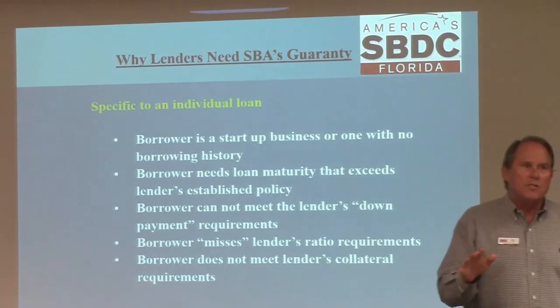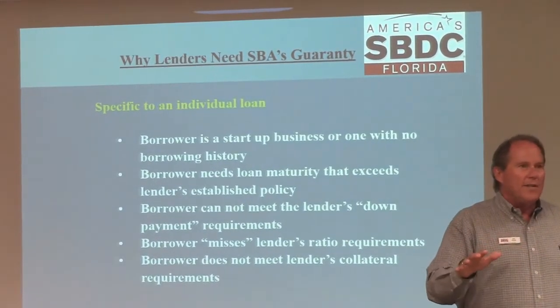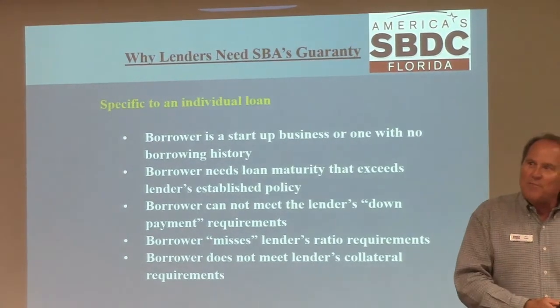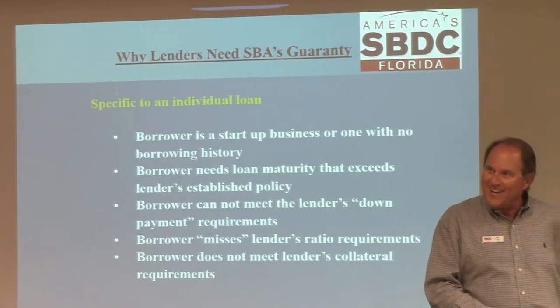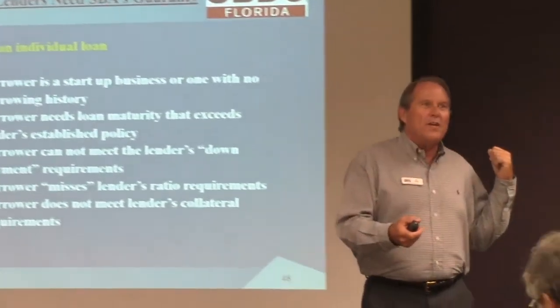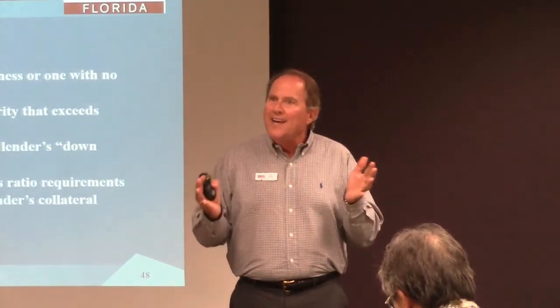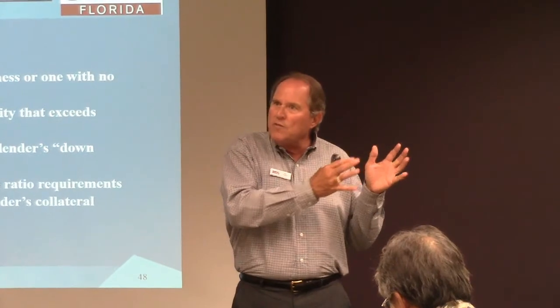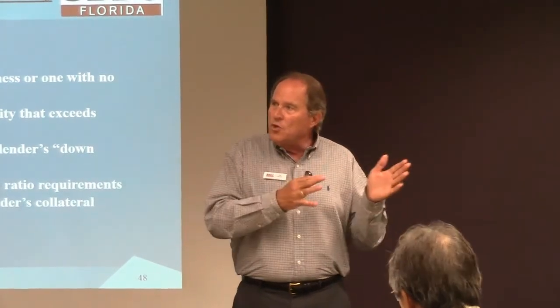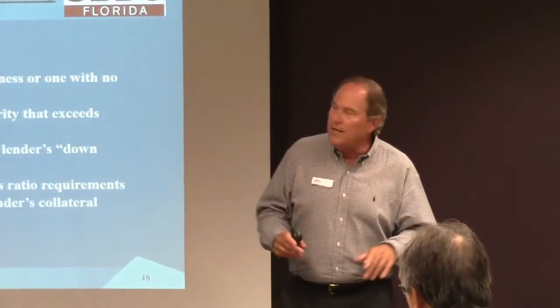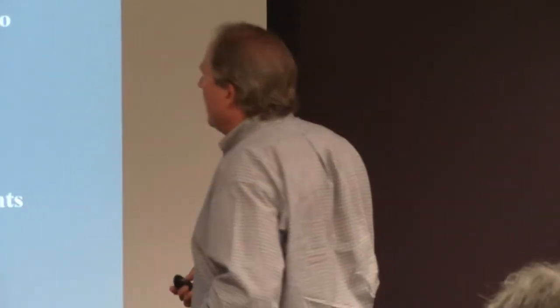They do bridge loans in a disaster, but they guarantee the loan. So the bank's more likely to give you a loan if 75% of it's guaranteed by the SBA. So they're only taking a 25% risk, and it also allows them to loan more money because they have to keep a certain amount in reserves for the loans they have. So they have less risk, they can loan more money. So it's not a bad deal. We can help you with that.